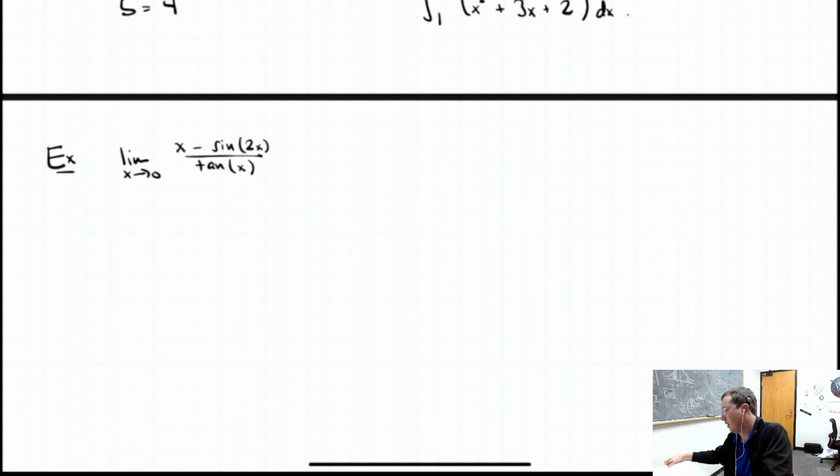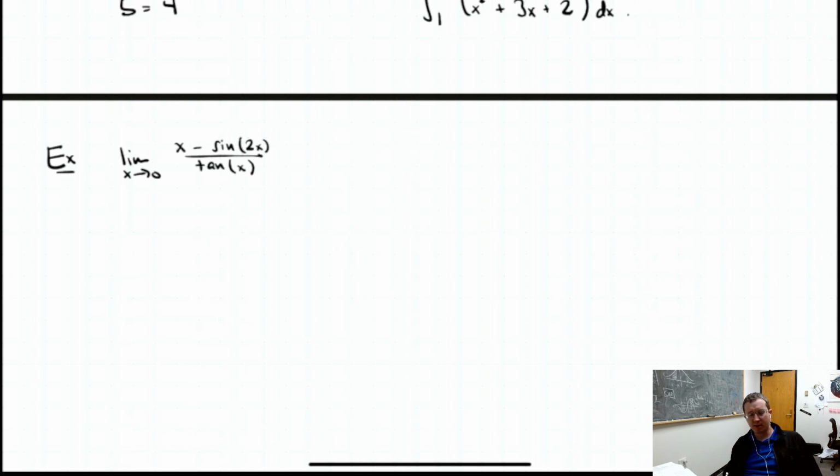Okay. Now, on the final exam, if you see a limit, you're not going to be told that it's a L'Hopital's rule problem. You're just going to probably get a bunch of limits somewhere on the exam. And the first thing that you should always try when you see a limit is direct substitution.